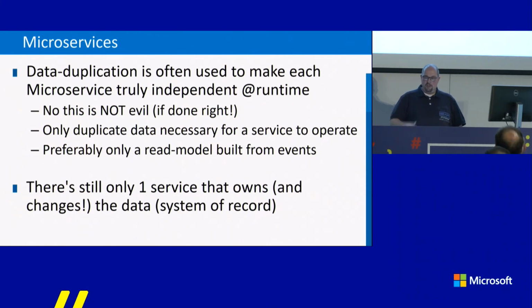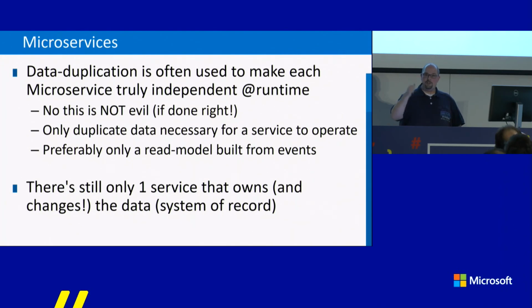So what I always say, you can replicate or cache data from other services, but you always have one service that is the system of record, as we call it. So there's one service that can change that data, and that is the single truth. But if you get an event that says, okay, a customer was registered in the customer service, I can cache that data and use that data when I have to do my work, and I don't have to go to the customer service, and I can do my work when it's down, for instance.